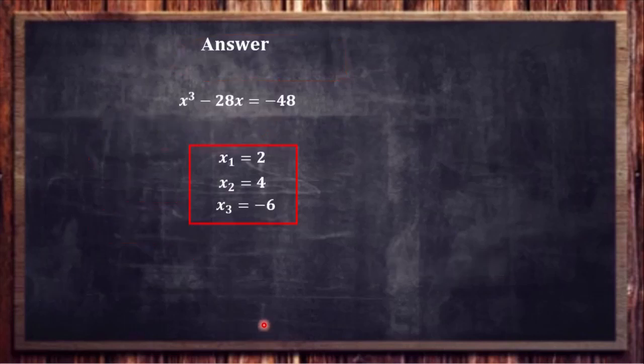So finally, we have the following answer, that our equation has 3 roots shown here. You can substitute each of these roots into the equation and check whether the equation is satisfied or not. The result will be positive, so the problem is solved completely.